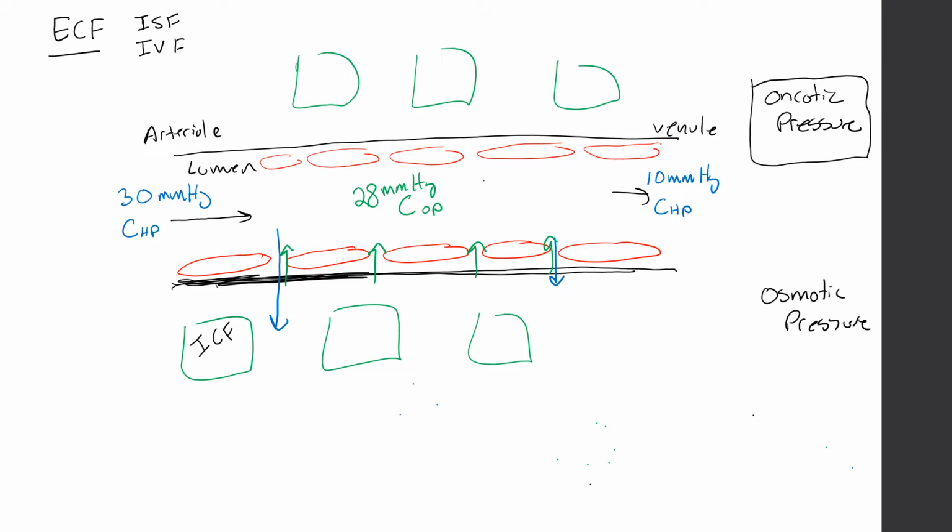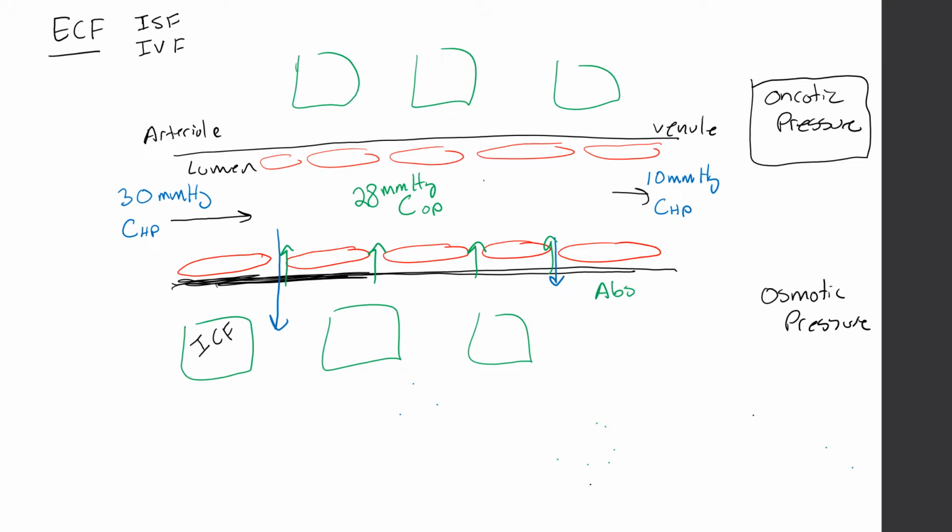Okay. Now you can see from this that if we were to take a look at the arterial end, there's a 30 millimeters of mercury pushing force and only a 28 pulling force, so we would probably filter more at the arterial end. And by the time we get to the venule end, we only have a 10 millimeter mercury pushing force and a 28 millimeter mercury pulling force. We probably absorb at this end.